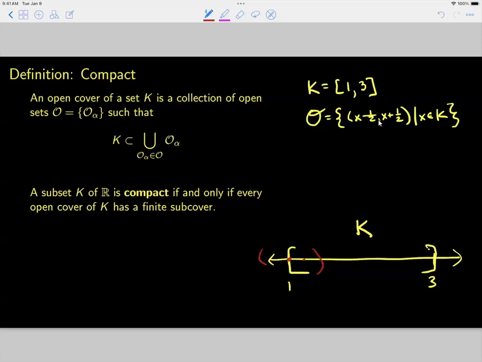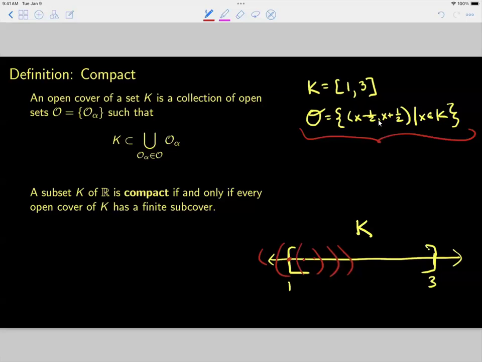And then there's one here, and I'm missing lots of them. At every point, I'm just creating a little interval of radius 1/2 around that point. So there are actually uncountably infinitely many sets in this collection of open sets. Okay, so here's an open cover.